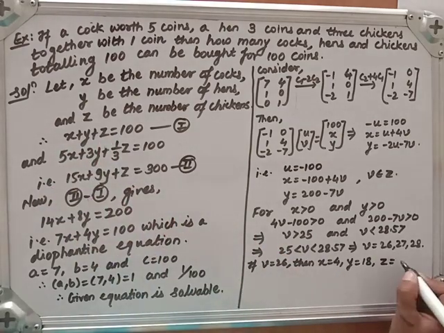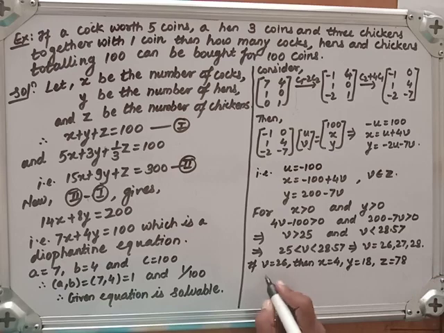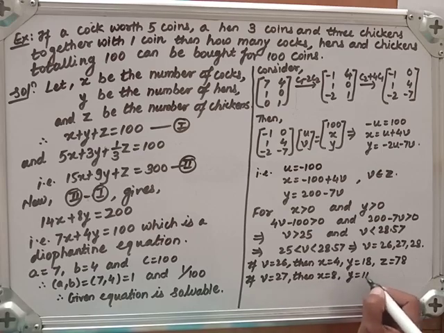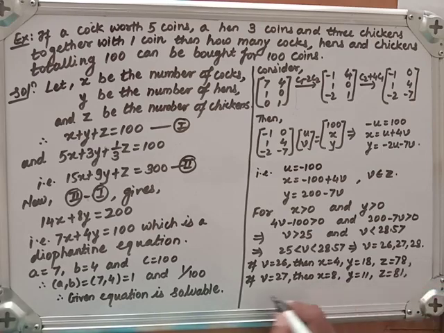So it is how much? 78. Then again, if v is 27, then x is equal to 8, y is equal to 11 and z is equal to what? 81.